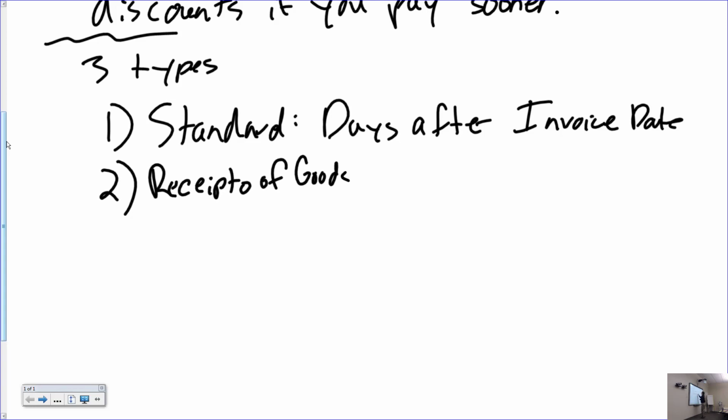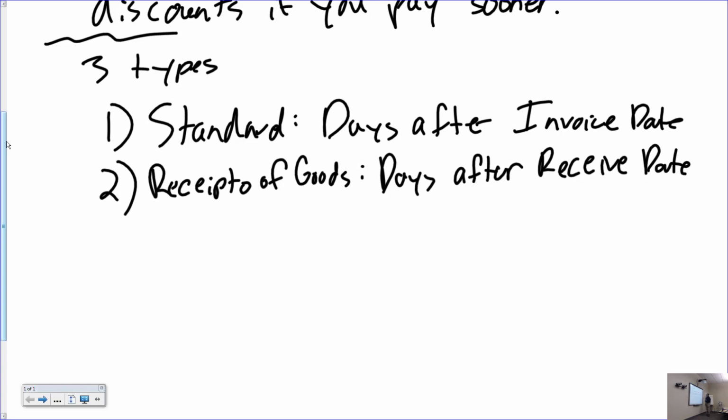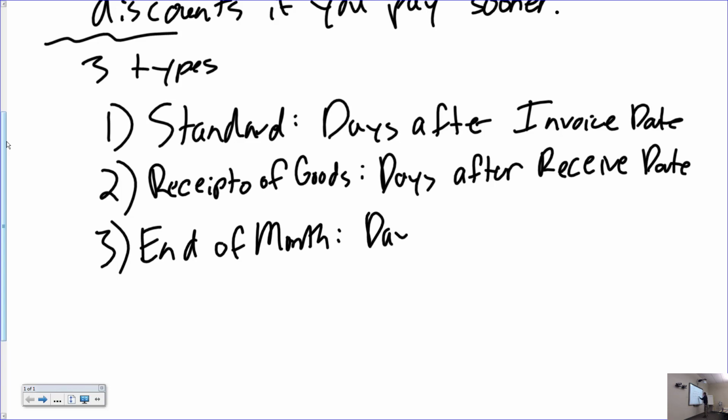Then there's the receipt of goods terms. And the only difference here is it's days after receive date. And then, of course, there's the end of month terms. And it's days after the end of month. And again, there's a certain number of days that's tied to how you write the terms, okay?